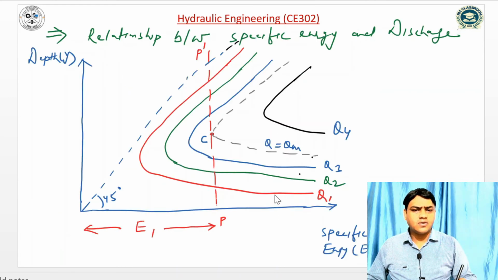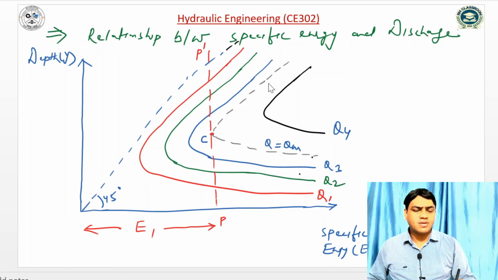So as the value of discharge is increasing, the difference between intercepts is decreasing, or we can see that the difference between alternate depths is decreasing. And a point comes when the curve only touches this intercept line BP dash, or is tangential to it, that is Q is equal to Qm, and after that there is no intercept on the discharge beyond this Q is equal to Qm.